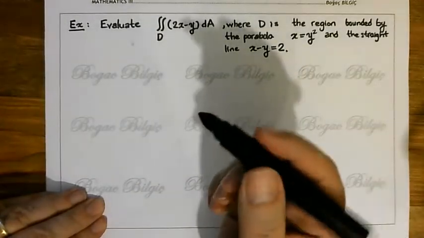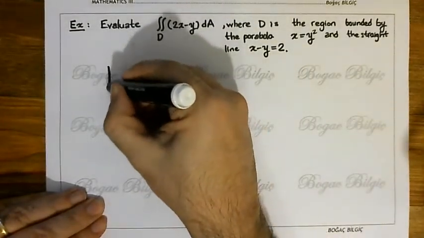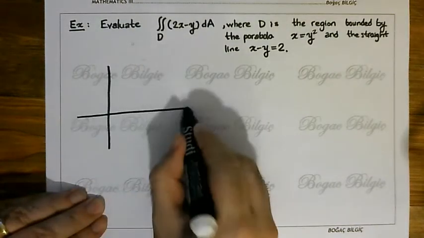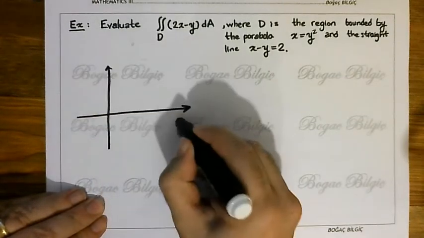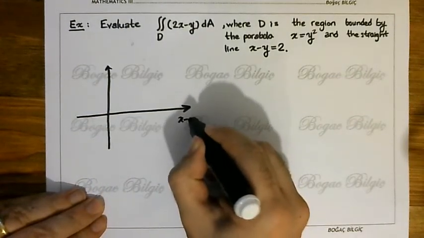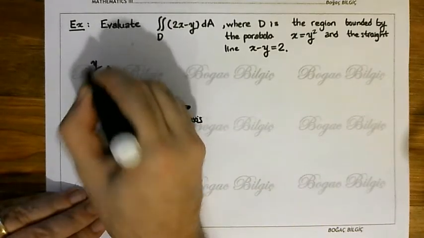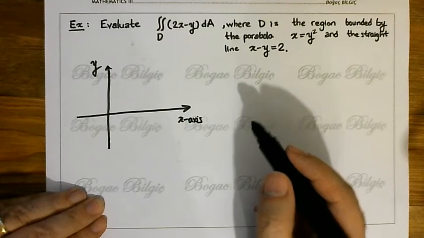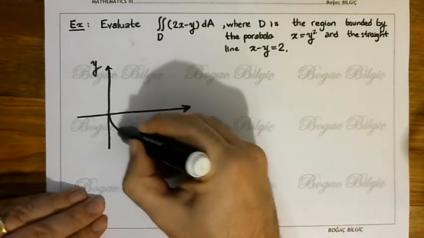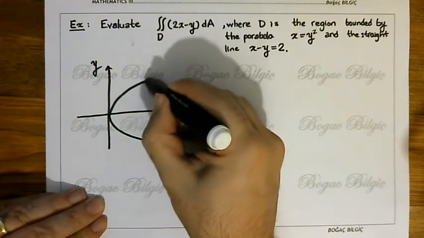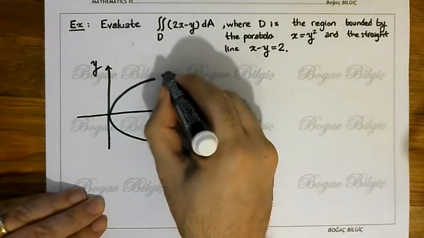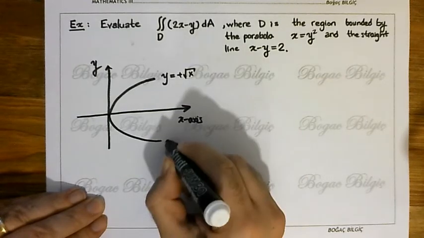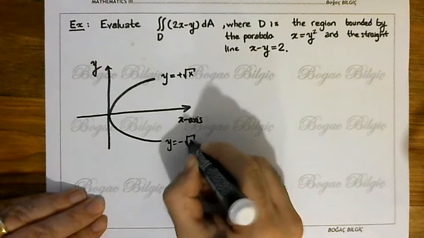We draw the graphs. X-axis and y-axis. x is equal to y square. This is a parabola. This is y is equal to plus root x and y is equal to minus root x.